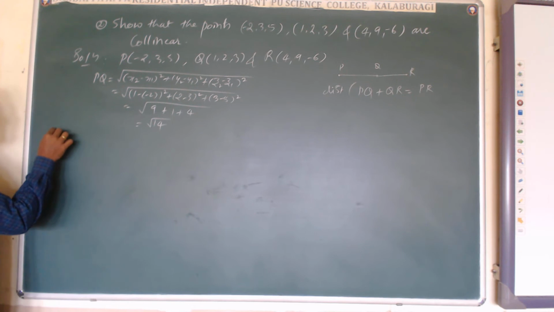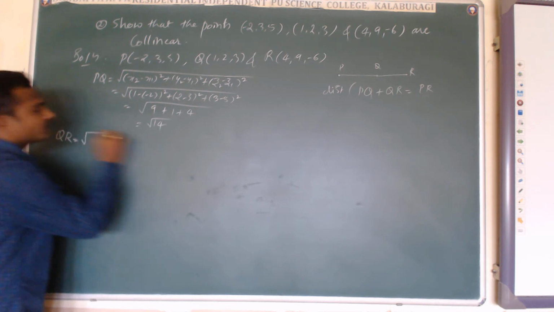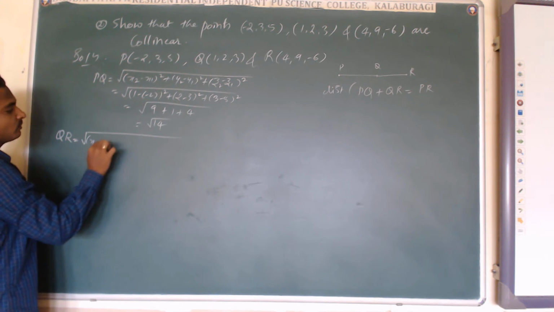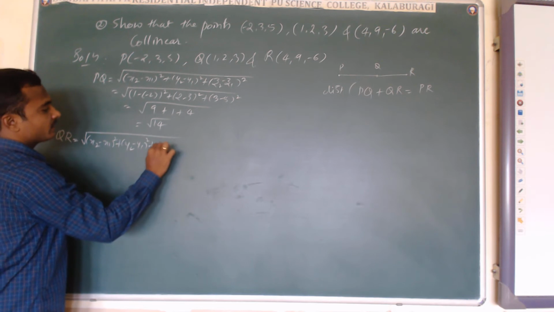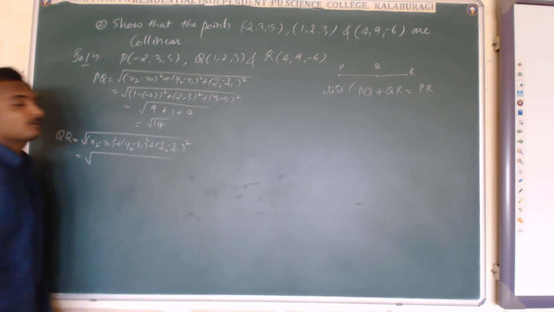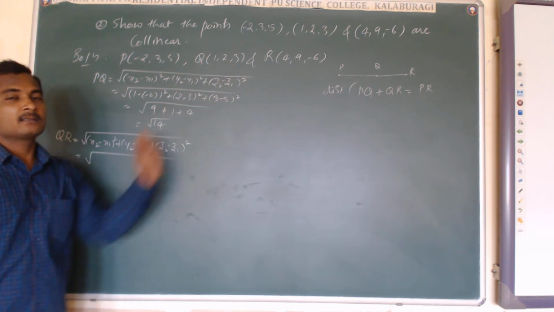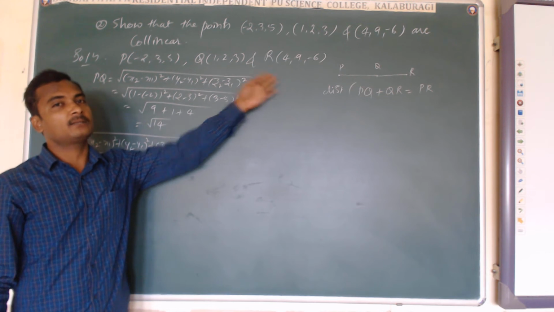Similarly, let's go for the distance QR. Use the same formula, square root of (x2 minus x1) whole square plus (y2 minus y1) whole square plus (z2 minus z1) whole square. Use the coordinates of the points Q and R, take Q as x1 y1 z1, take R as x2 y2 z2, and substitute.